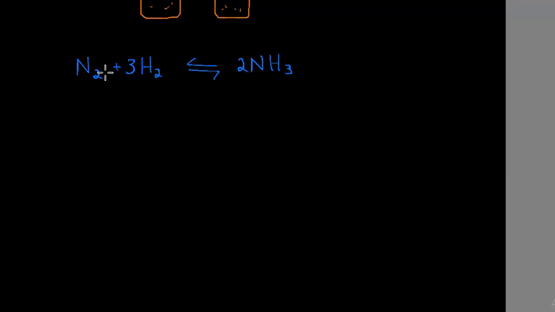Now notice all of these would be gases. Okay, and on the left hand side we have a total of 4 moles of gas. So 1 plus 3, 4 moles of gas, and on the right side of the reaction we have 2 moles of gas. We're looking at the coefficients.